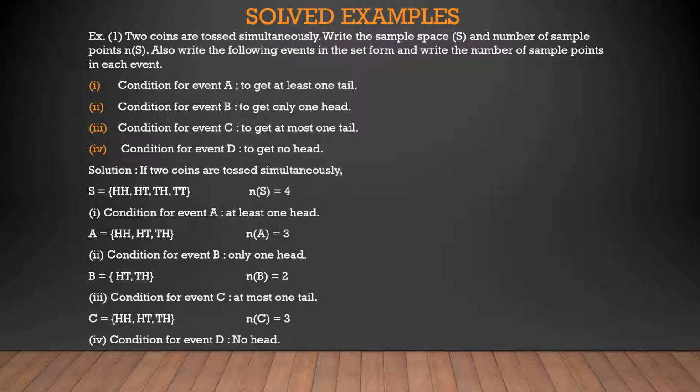Condition for event D is should have no head. So number of sample points in event D will be D is equal to TT. So N of D is equal to 1. These are the sample points in the event.